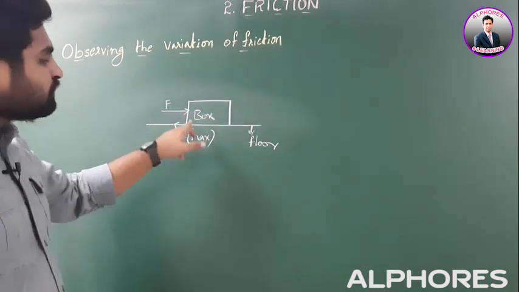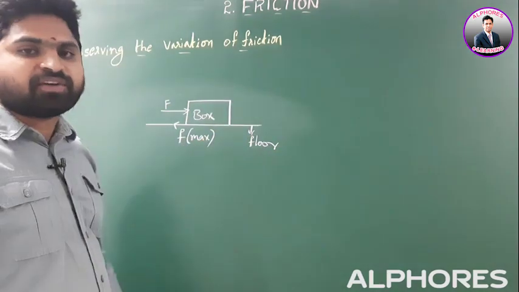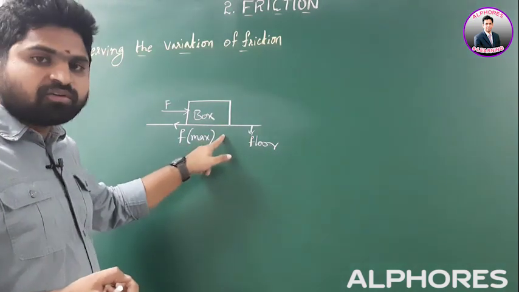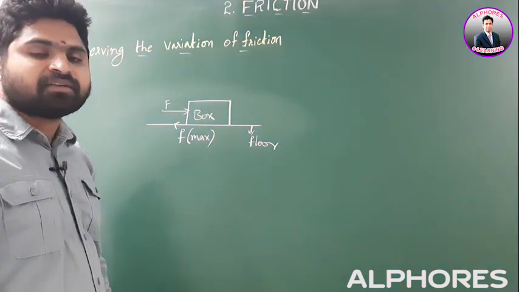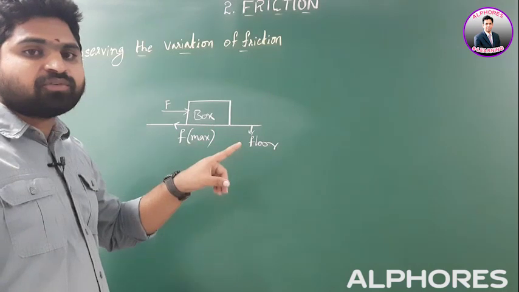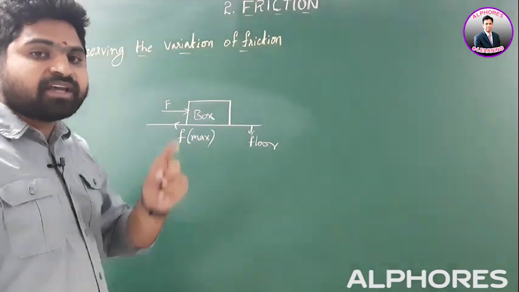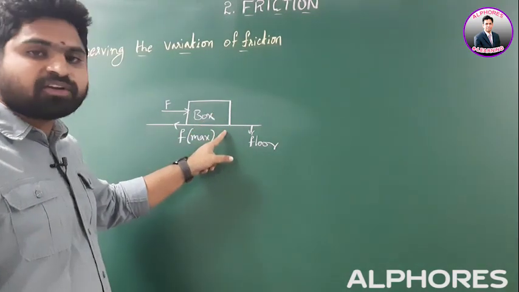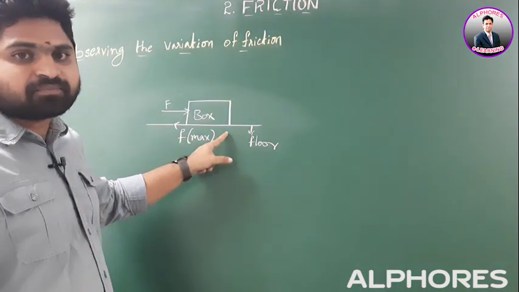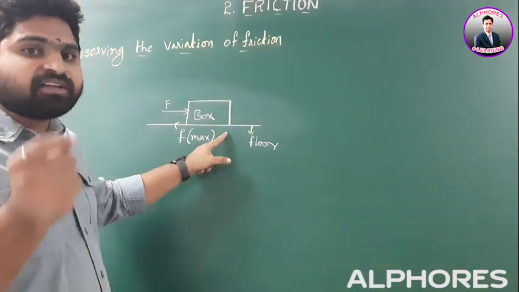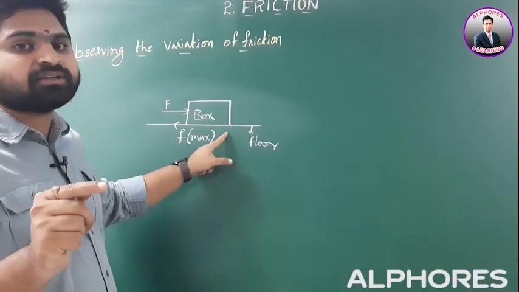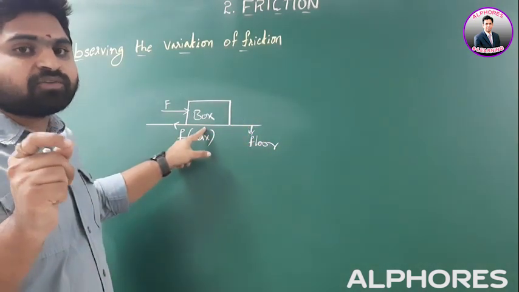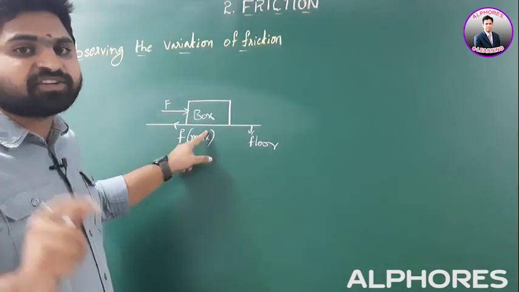Once the box is sliding on the surface, the friction between the box and the floor is called sliding friction. Earlier, when you applied the force, the box did not move, and the friction between the surface of the box and the floor was static friction. But it also has a limit. At a particular point the box is ready to move, and that particular frictional force is called the maximum limiting friction.